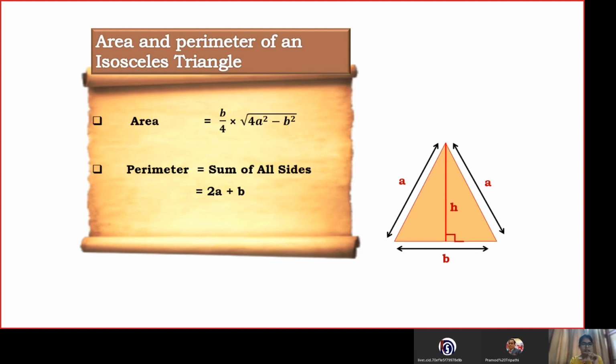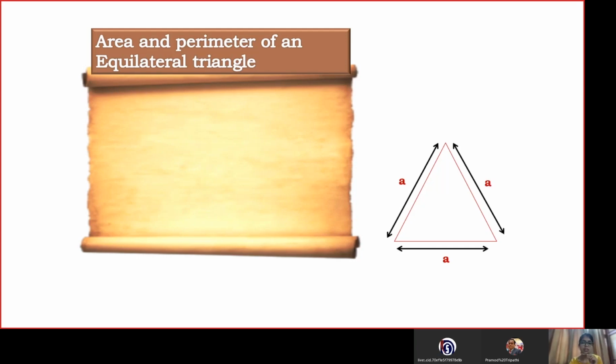Now, coming to area and perimeter of an equilateral triangle. We all know what an equilateral triangle is. From this word equilateral, can I relate to the word equal? So an equilateral triangle is a triangle in which all three sides are of equal length.